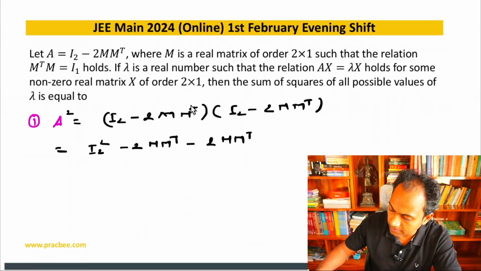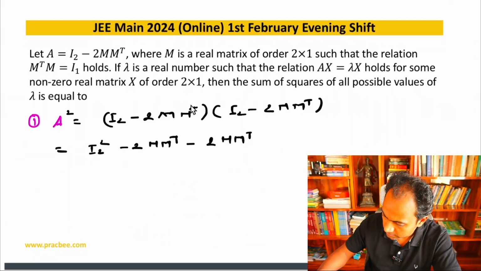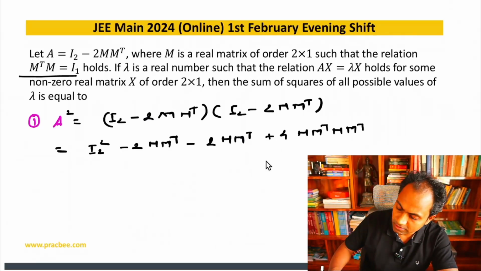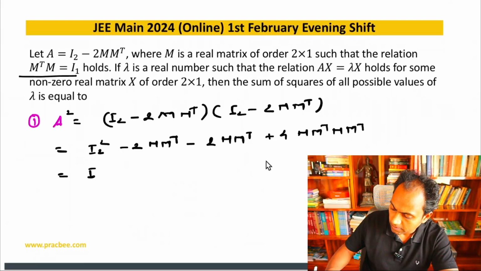And then ultimately it is nothing but 4 times m transpose m transpose. You can see that this will come equal to I. This will become 4 times m transpose.